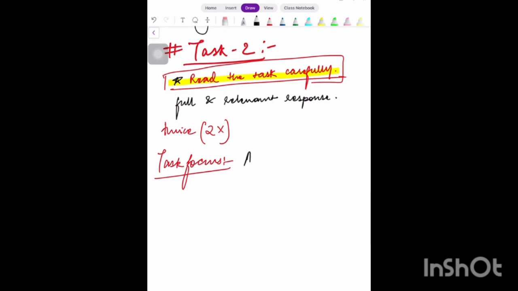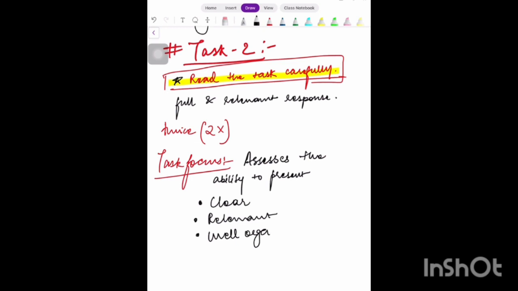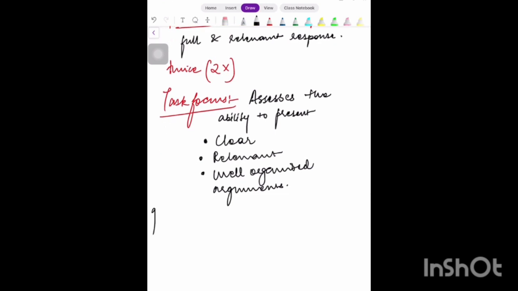So it assesses the ability to present clear, relevant, and well organized arguments, giving evidence or examples to support ideas.